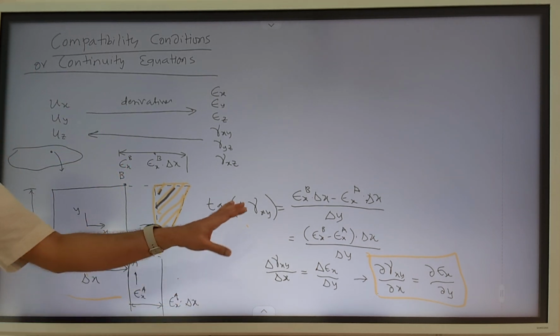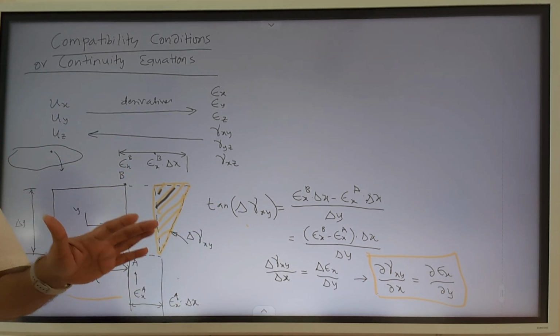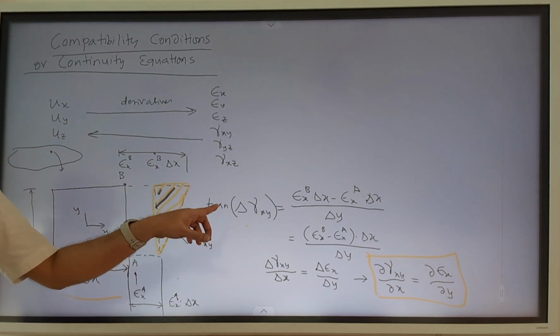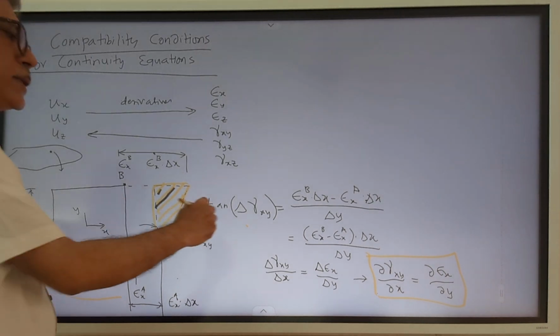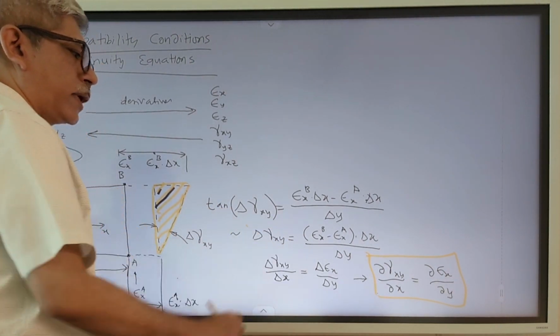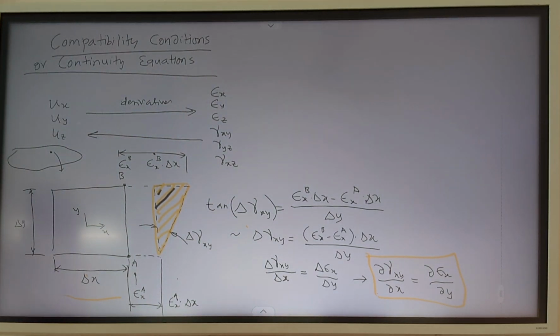But in most machine components, which require strength as well as rigidity, you will have small displacement. As a result, this would be approximated as delta gamma xy. Is that clear? Yes.